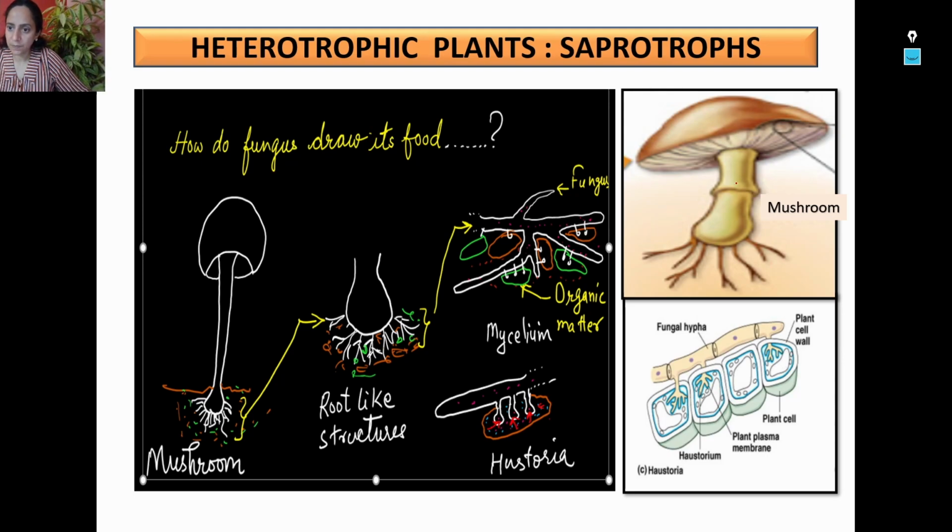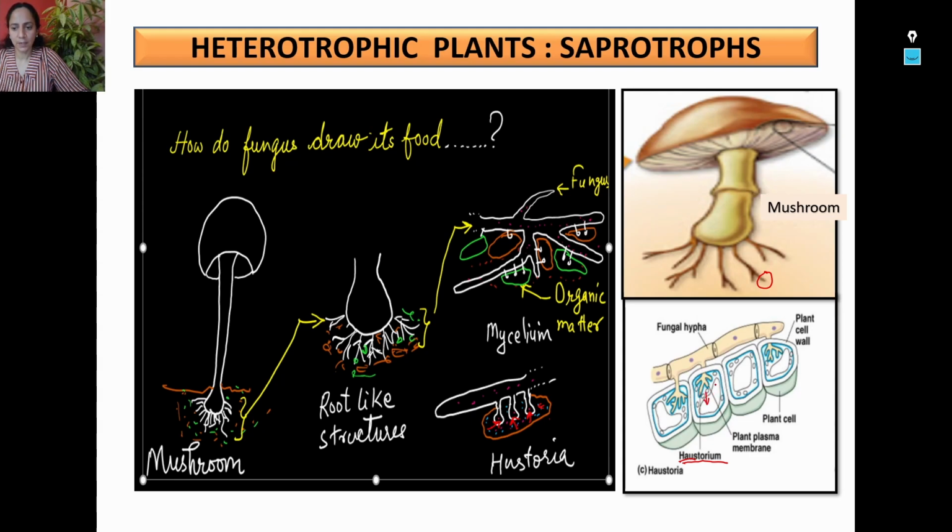So now you pay attention to this. This is a mushroom. We are talking about these root-like structures. This fungus is generally growing in dead decaying organic matter, and these filament-like structures are further making certain special structures called haustoria, and the singular is haustorium, inserting it into the dead decaying organic matter, and dissolving its content and then absorbing.